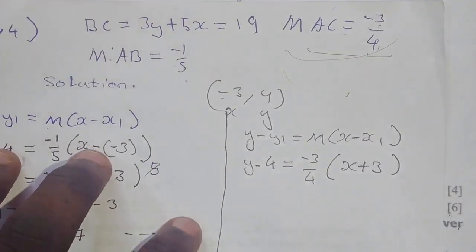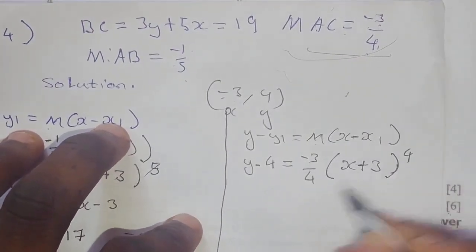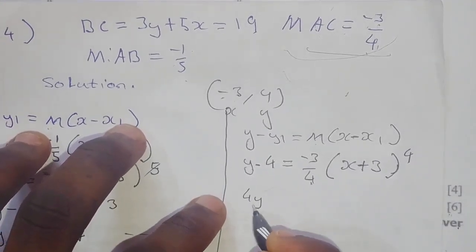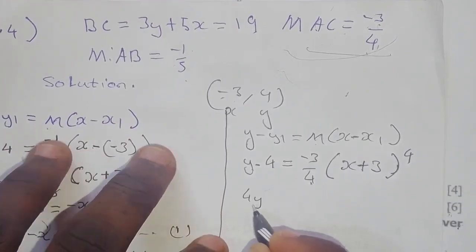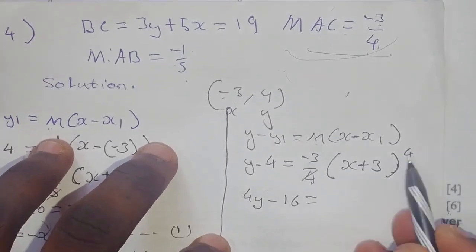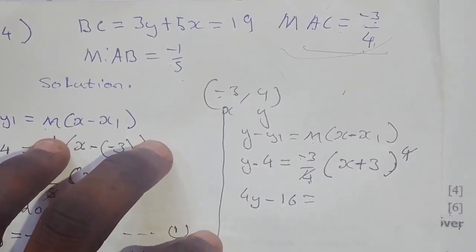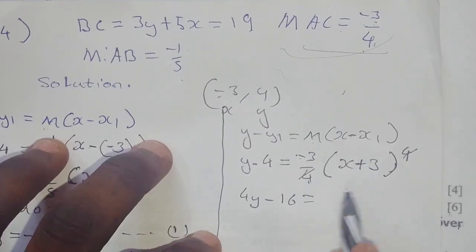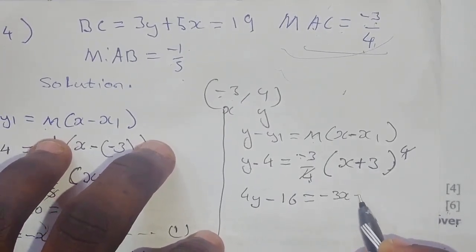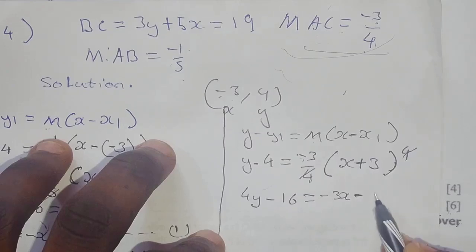Then we get rid of the fraction by multiplying by the denominator, which is 4 here. So 4 multiplied by this gives us 4y minus 16 is equals to this, and this will go, so we are just going to multiply this with the things in the brackets. So we're going to have negative 3 multiplied by x to give us negative 3x, minus negative 3 multiplied by 3 to give us negative 9.